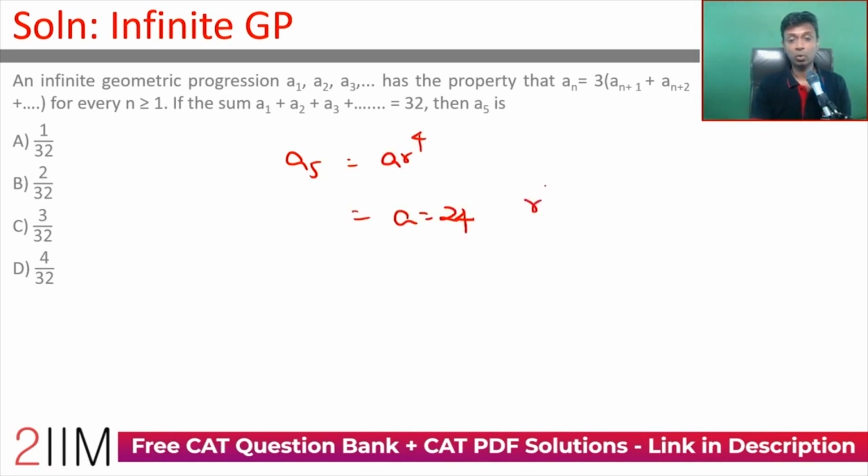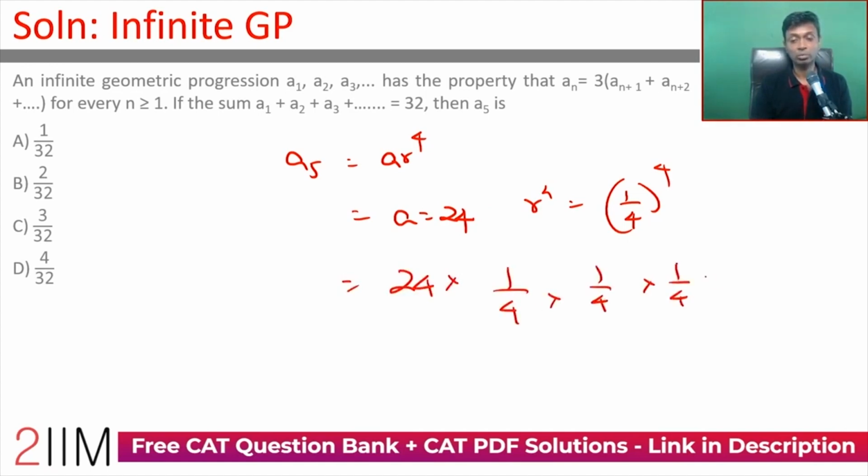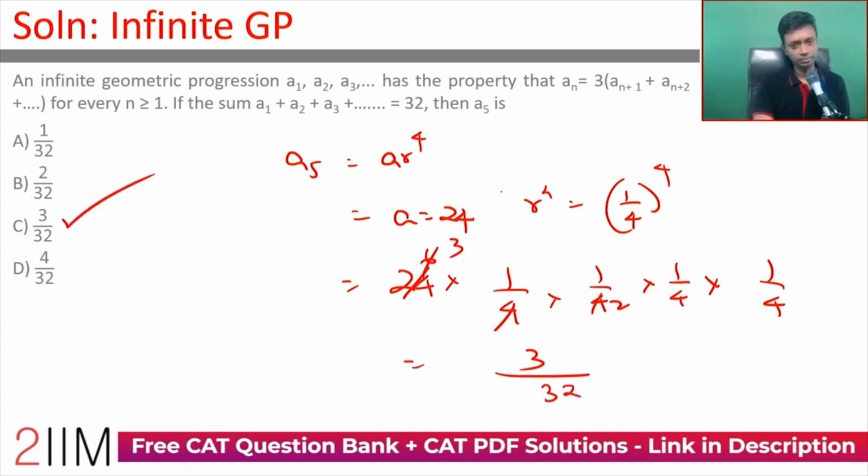R power 4 is 1 by 4 whole power 4. So this is 24 into 1 by 4 into 1 by 4 into 1 by 4 into 1 by 4. 24 by 4 is 6, and this is 3 by 2 into 4 into 4, which is 3 by 32, whichever the choice is.